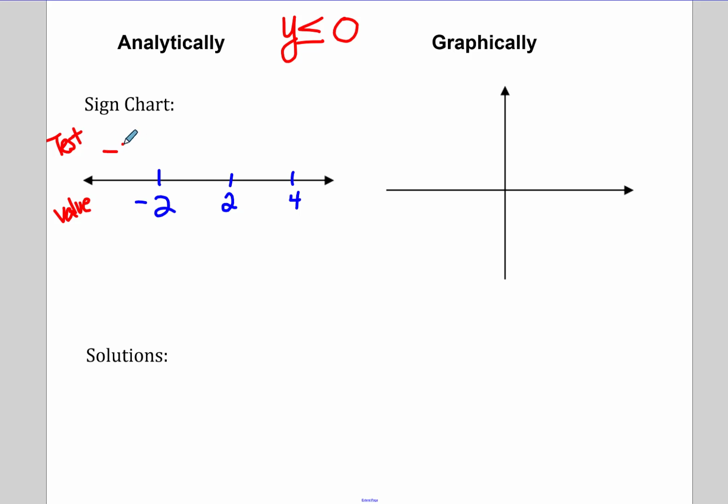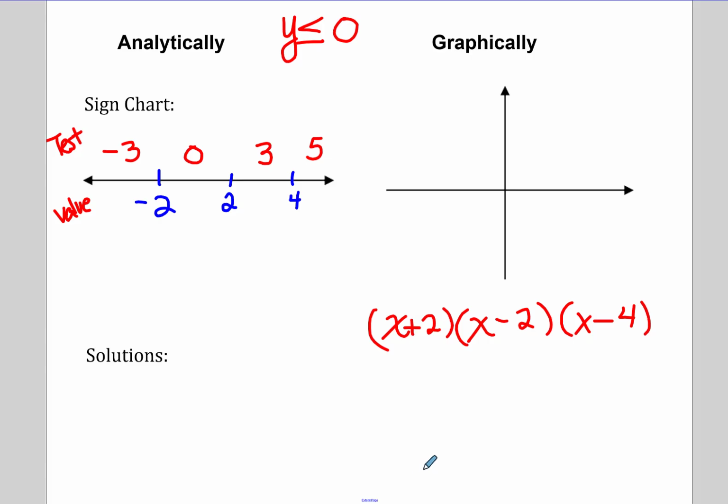And if we tested -3 and 0 and 3 and 5 into that factored form, which was x plus 2, x minus 2, x minus 4, if we tested this number, our value of y would end up being negative, and negative means it's less than, so this segment is true.